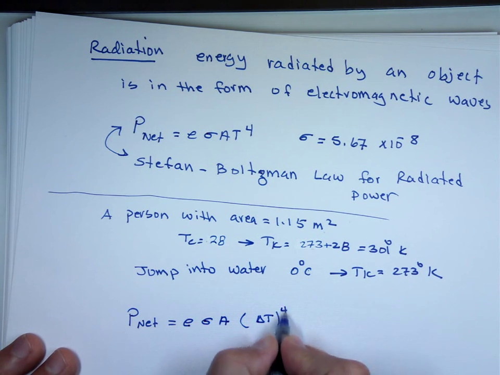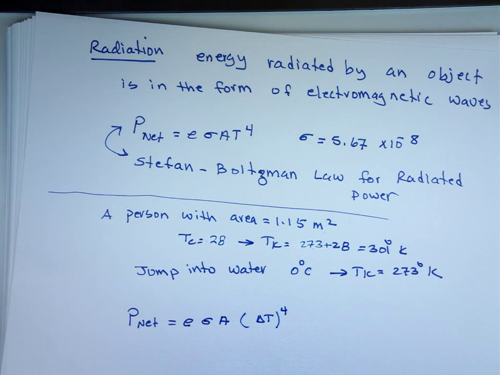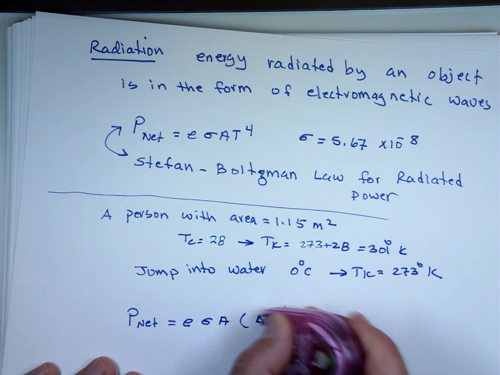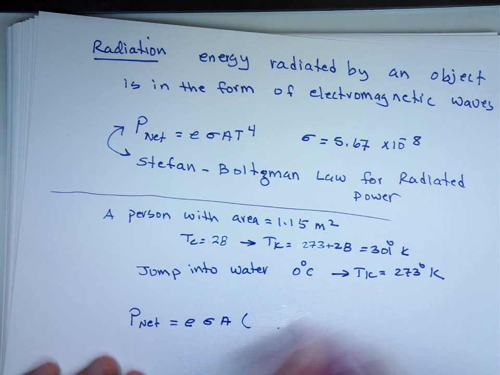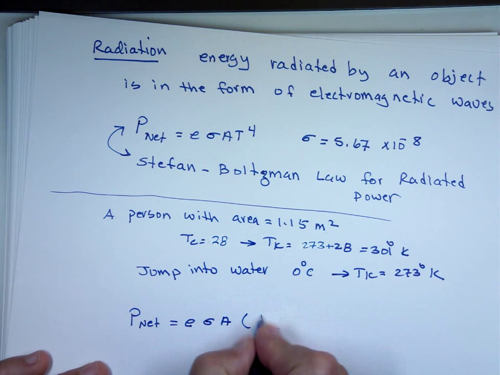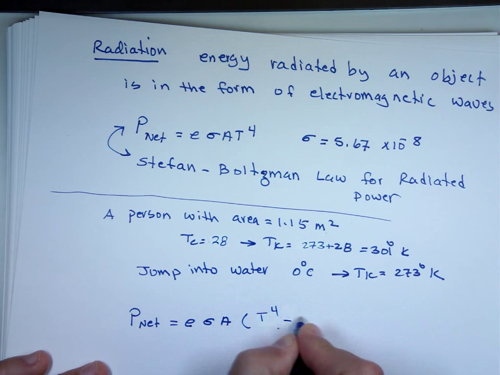And the way we write the change in temperature is actually as the final temperature minus the surrounding temperature. So instead of the difference, we write T to the 4th minus the surrounding temperature to the 4th degree.